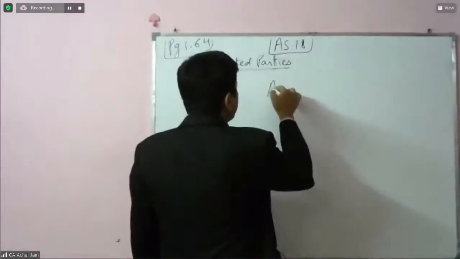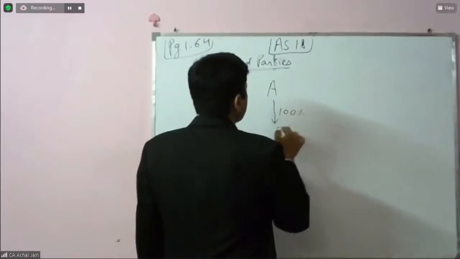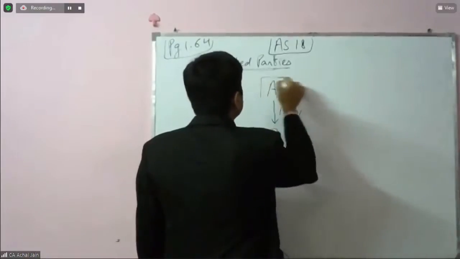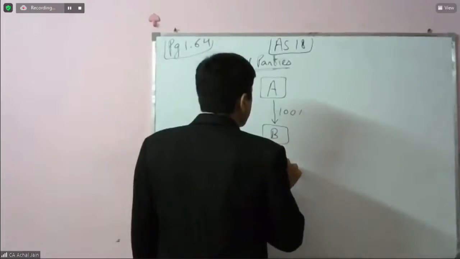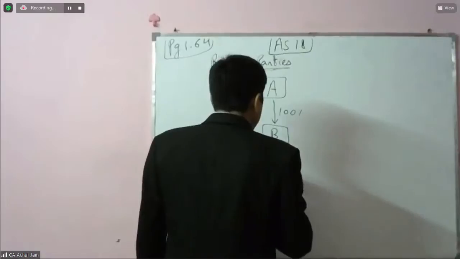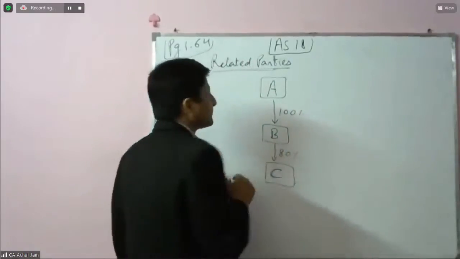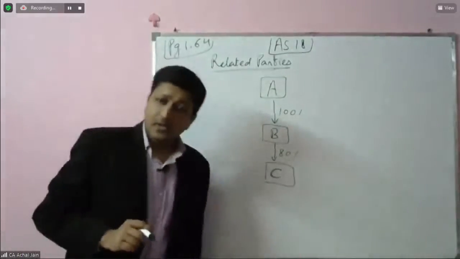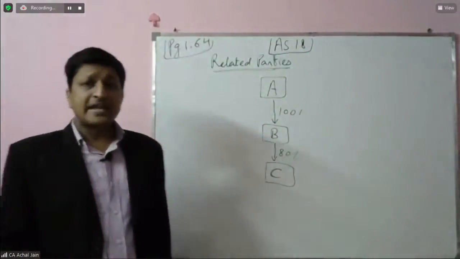So let's suppose A has got 100% shares of B. B has got 80% shares of C. Now let's apply this criteria.